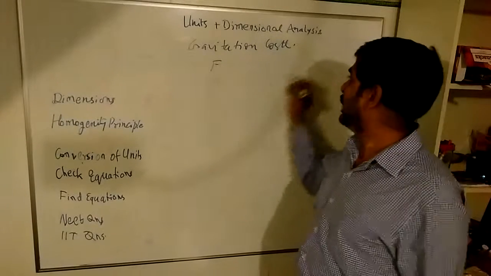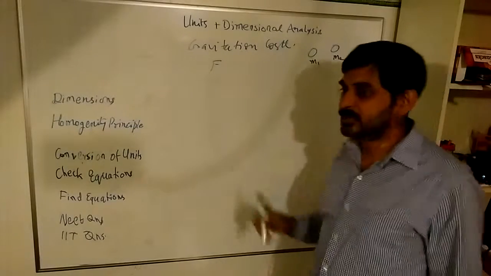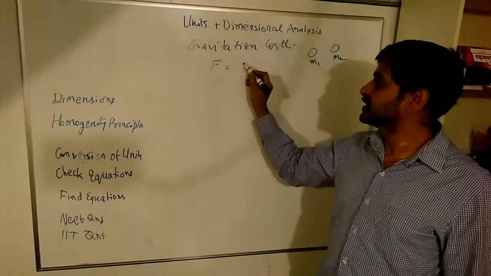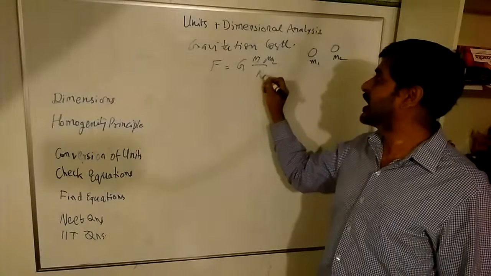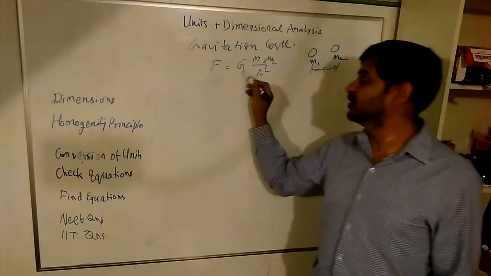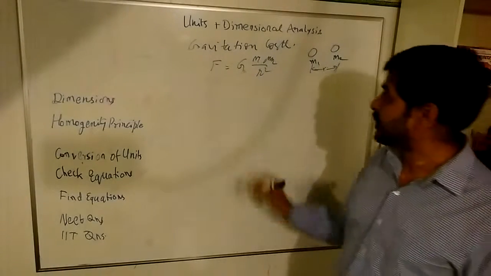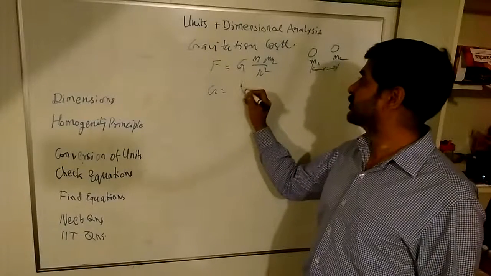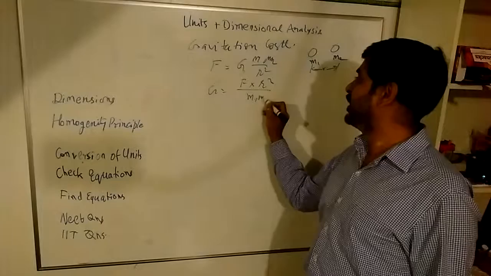There are two masses m1 and m2, and they attract each other with a force given by G m1 m2 divided by r square, where r is the distance between these two masses. We need to find the dimensional formula of this constant G. So G is the dimensional formula of F multiplied by r square divided by m1 m2.